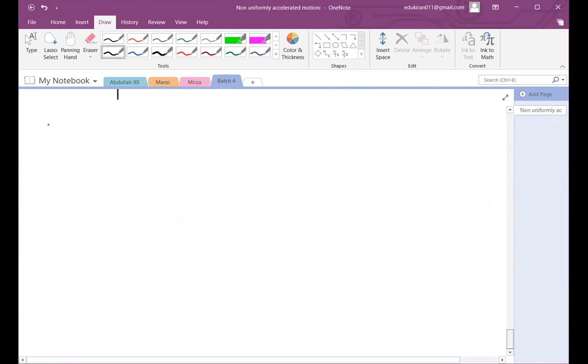Now, using these graphs, we have to define two terms. First is called slope. Distance versus time graph: the slope of distance versus time will define speed. Similarly, displacement versus time will define velocity.